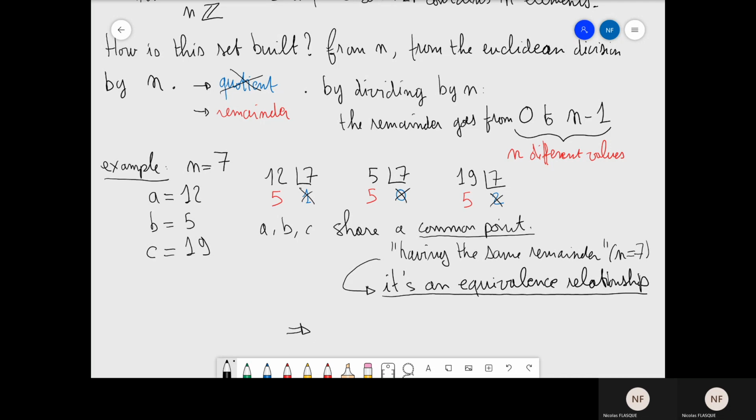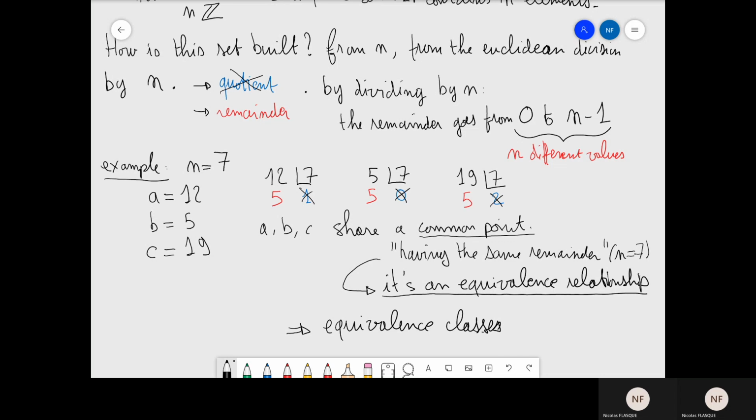And from this kind of relationship, one can build equivalence classes so that we can gather all the numbers which share this common point.